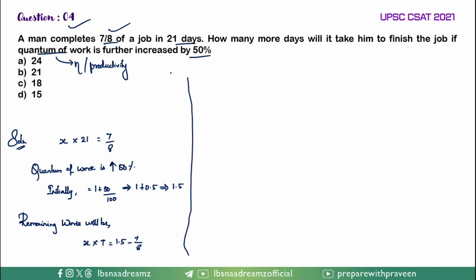Now let us find the value of x. X into 21 is equal to 7 by 8. So cross multiply, x is equal to 7 by 8 into 21.